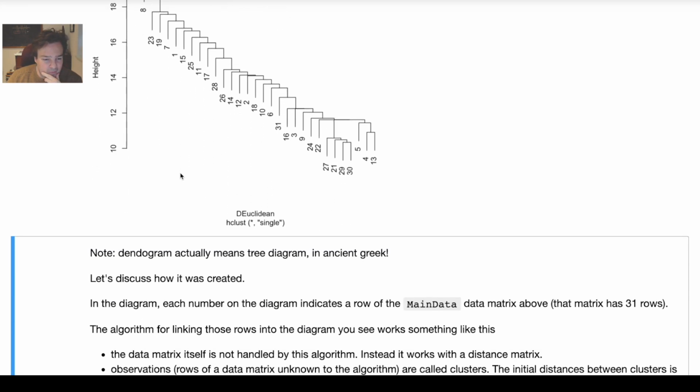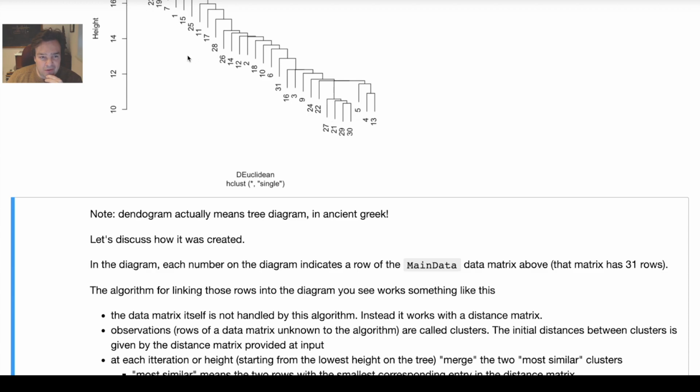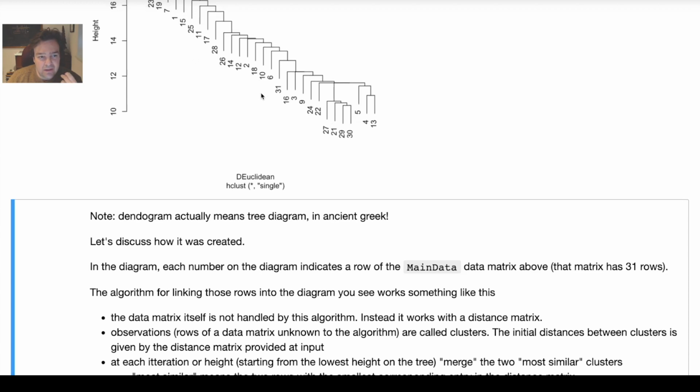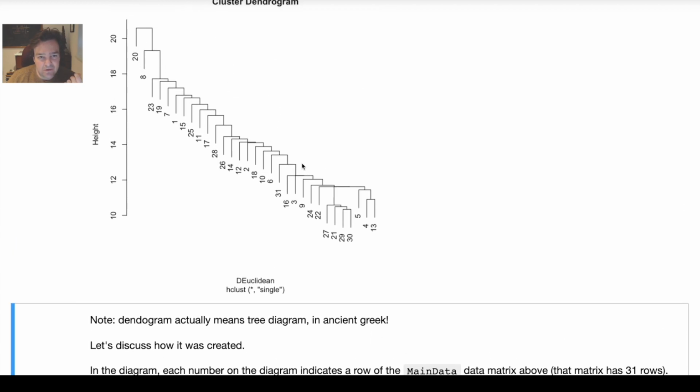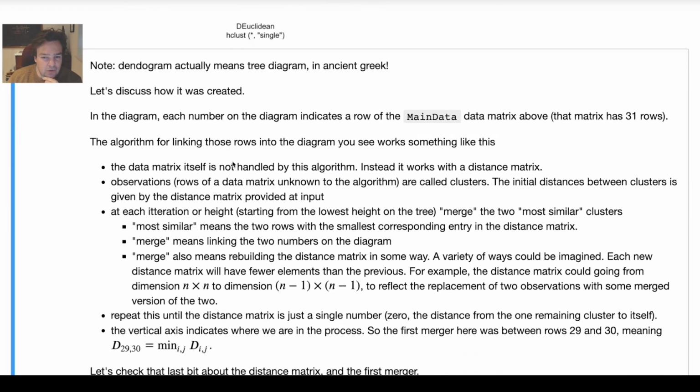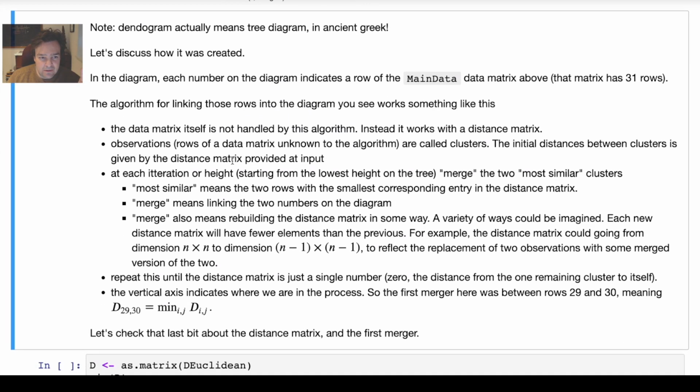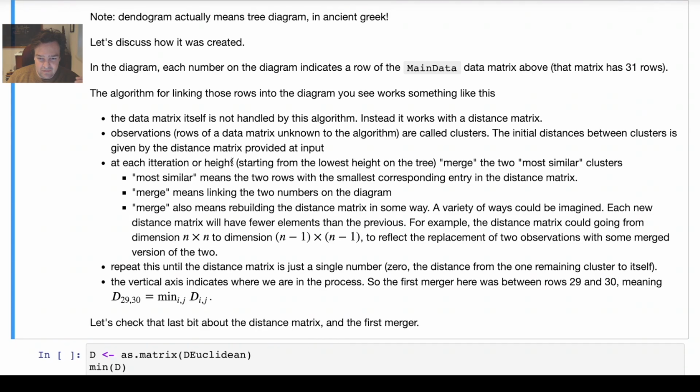Okay. So now let's talk about what is going on in the algorithm and what is being represented with this tree diagram. I've written this long blurb here, to save me from a lot of bad handwriting on the whiteboard, but we can go through it here.